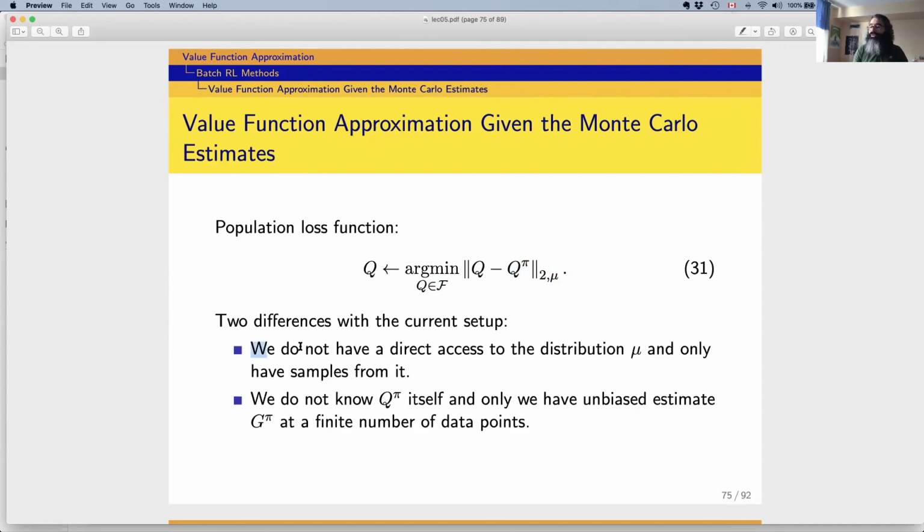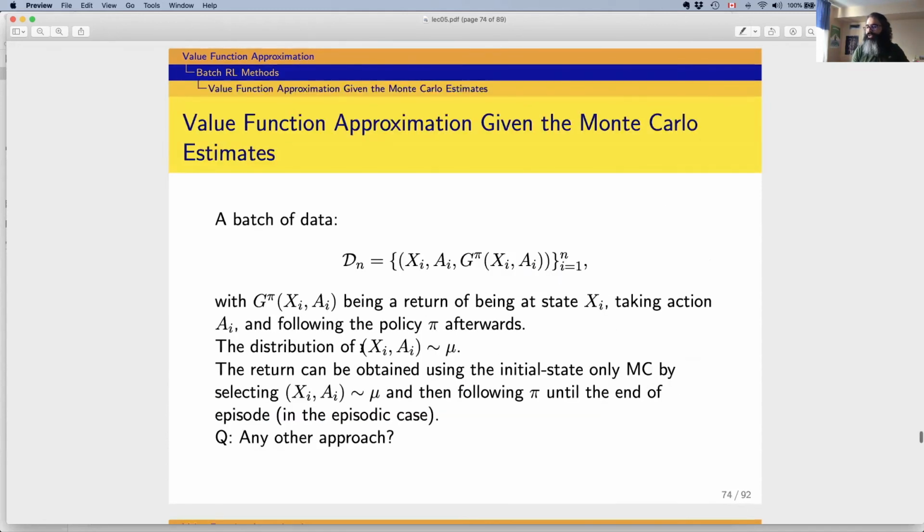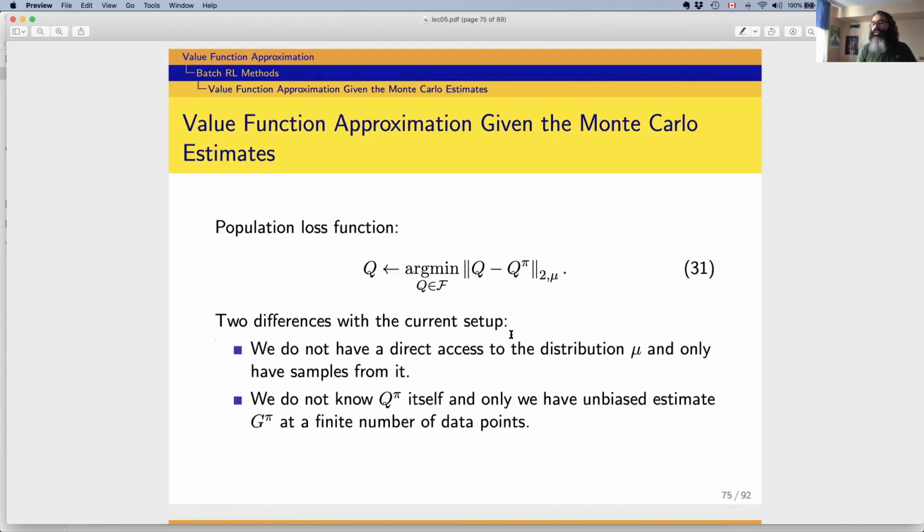We only have an unbiased estimate, G^pi, of Q^pi at a finite number of data points. That also implies that we don't have the distribution mu, only some samples from it. Recall that the assumption is that the (x_i, a_i) come from mu. So we want to convert this to a similar optimization problem that we can solve.